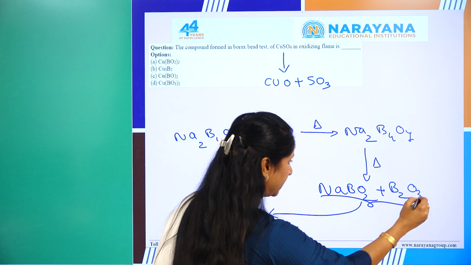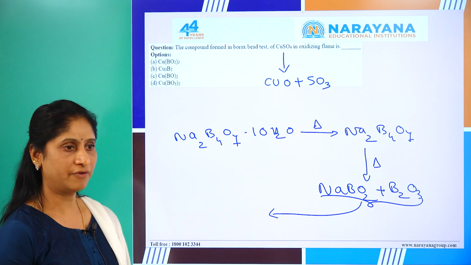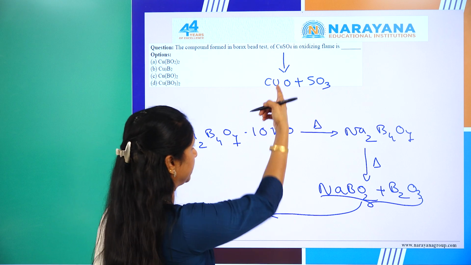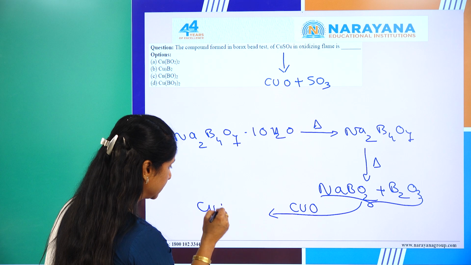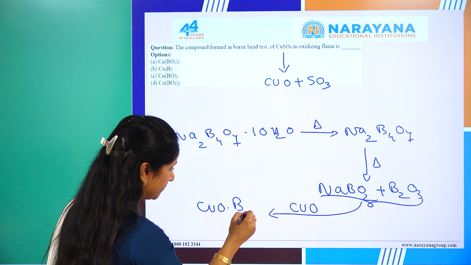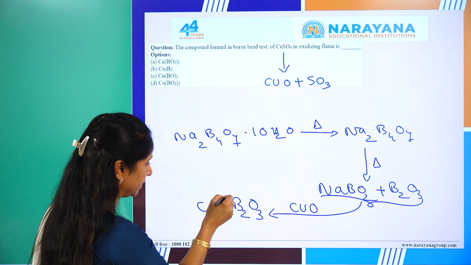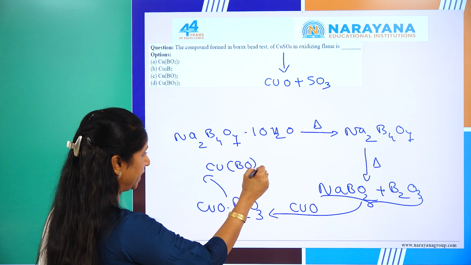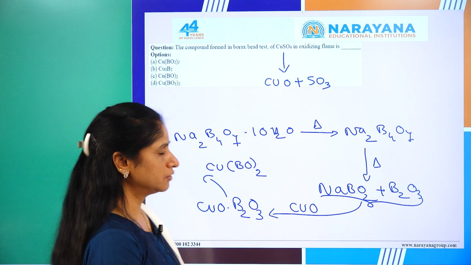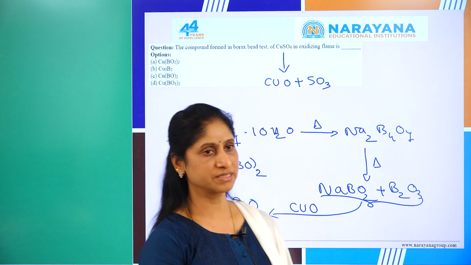So this is a transparent glassy mass. When it is brought near to the copper sulfate, which decomposed to copper oxide, with the copper oxide, boric anhydride is forming an adduct, CuO·B2O3, which I can write as copper metaborate, cupric metaborate, which is a blue colored bead in the oxidizing flame.